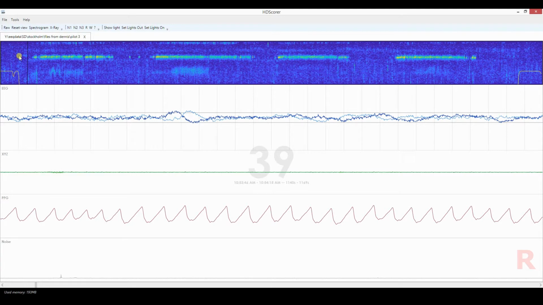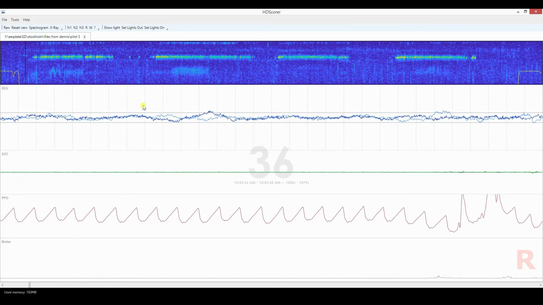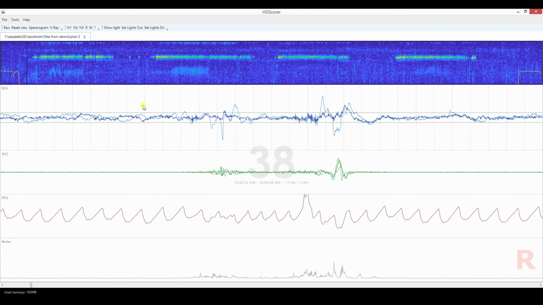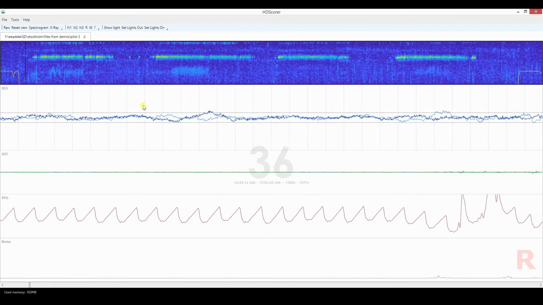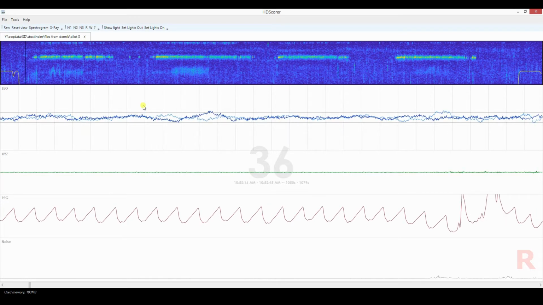But I think that because most recordings are actually scored using this type of signal and not looking at the spectrogram, it's likely that this is slightly underreported. So for instance, if a sleep technologist were to look at these epochs here, they would probably not report this person as an alpha producer, or frontal alpha producer is how they're called, because there's very little to see right here.